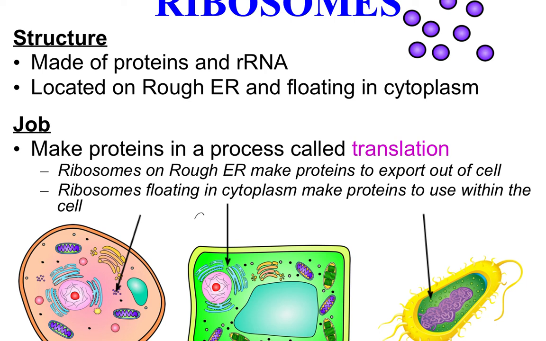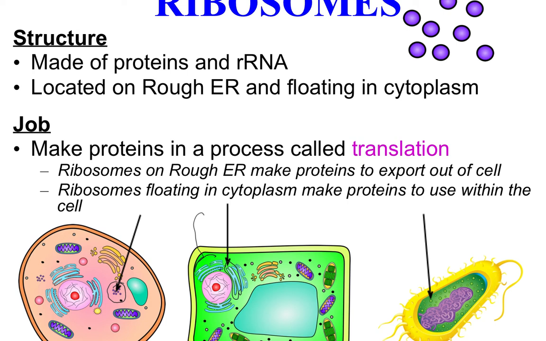If you look at the endoplasmic reticulum and you see tiny little bumps on it, that's called the rough endoplasmic reticulum. It's ribosomes that are attached to that endoplasmic reticulum, making it look rough. Ribosomes are also located freely moving around the cytoplasm. A ribosome's job is to make proteins.